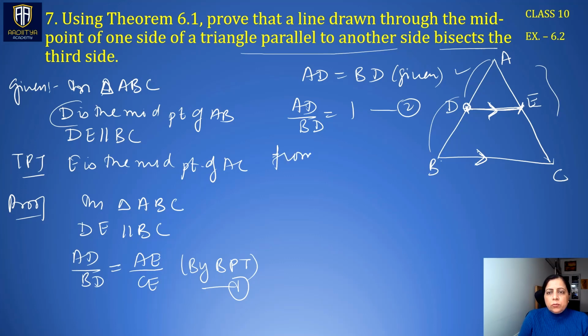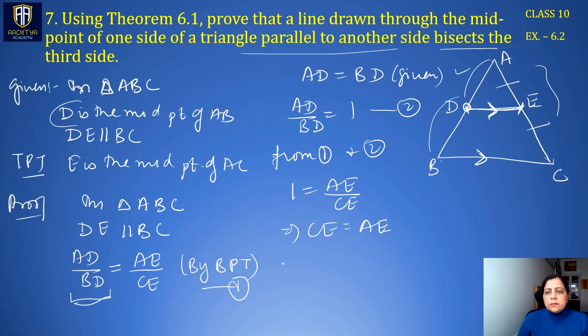From equation 1 and equation 2, replacing AD by BD by 1, 1 is equal to AE over CE. We can see that CE is equal to AE, right? And CE is equal to AE implies that E is the midpoint of AC. This is what we have to prove, right?